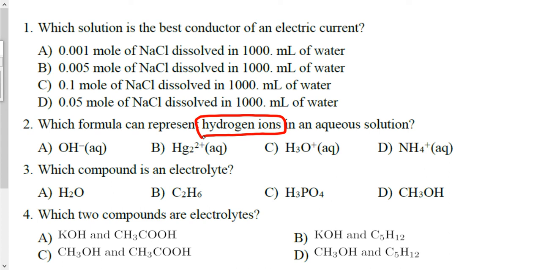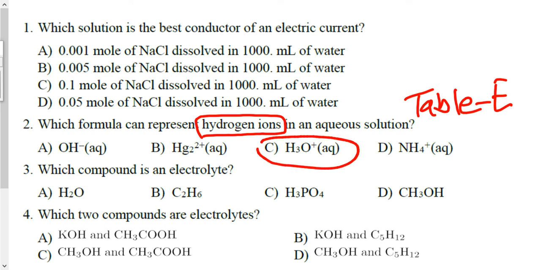And if you look at reference table E, this is where you're going to find all the polyatomic ions. Based on the Arrhenius theory, we should know that a substance is going to be known as an acid if it produces hydronium ion or a hydrogen ion. Another name for a hydrogen ion is proton. So this is a basic, straightforward definition of an Arrhenius acid.